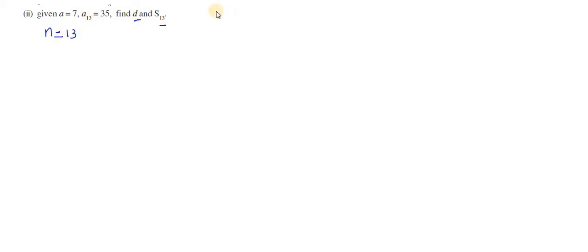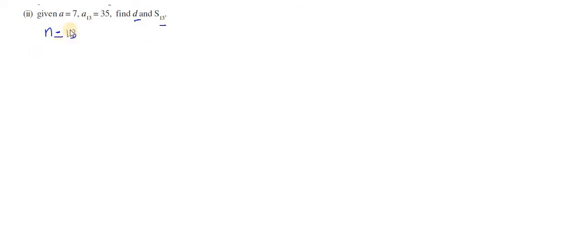Instead of giving n is equal to 13, they give S13 and a13. So the number of terms in this AP is 13. So I wrote here n is equal to 13. This is known as hidden values. They did not give it directly, they gave it indirectly, and we need to detect this.